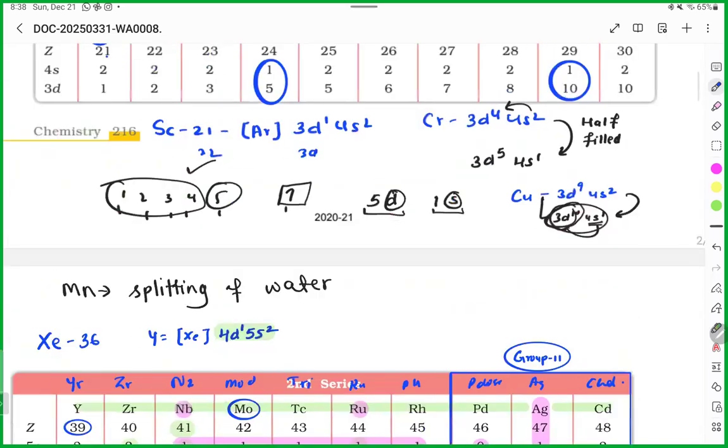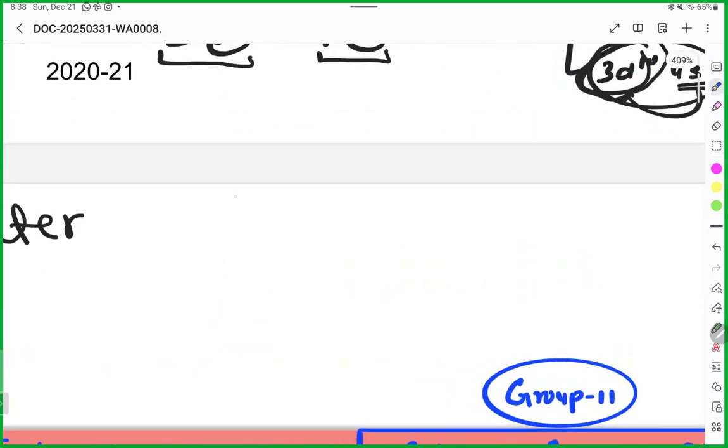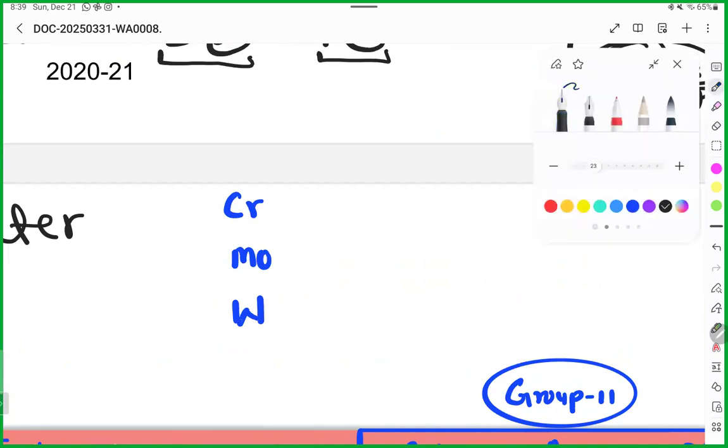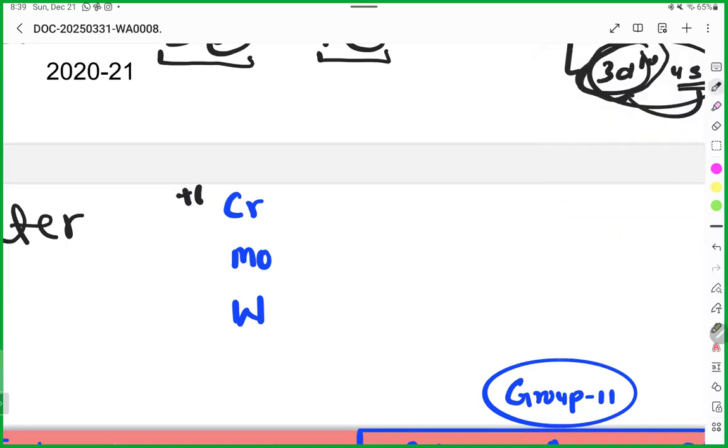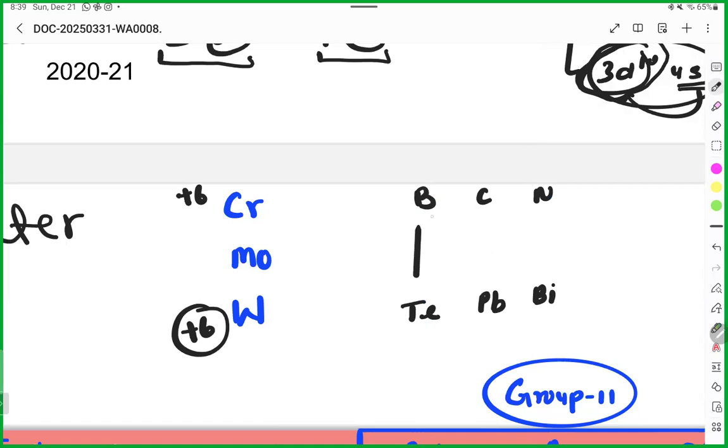So what is happening in this situation? If you are going down from chromium to molybdenum and tungsten, the higher oxidation state becomes stable. Here +6 is not so stable. But if you compare boron with thallium, carbon with lead, nitrogen with bismuth, here it is reducing, 3 to 1, 4 to 2, 5 to 3.